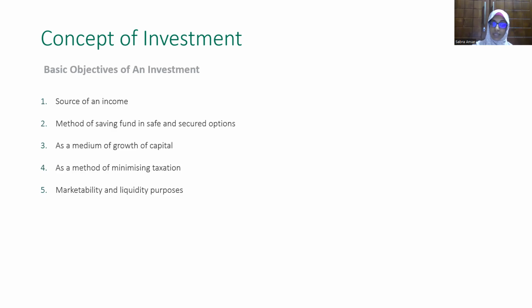Thereafter, it would be marketability and liquidity purpose. So why do we invest? Because it's marketable. If we have some sort of debt or shareholding, obviously that could be sold, and the cash could be received for liquidity purpose instead of investing in something else.